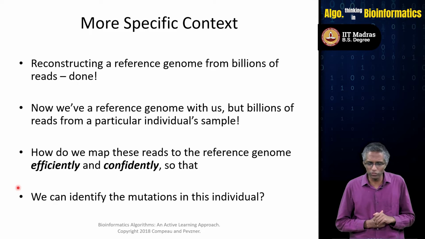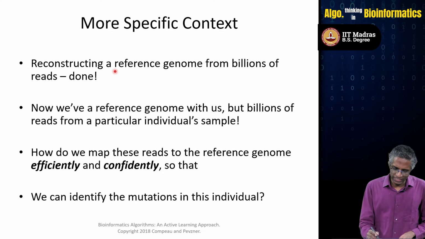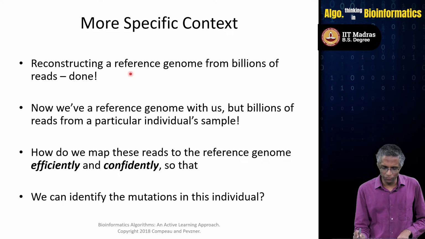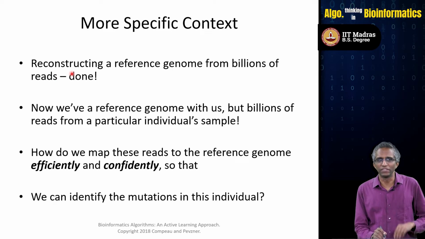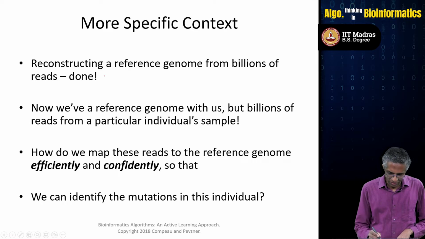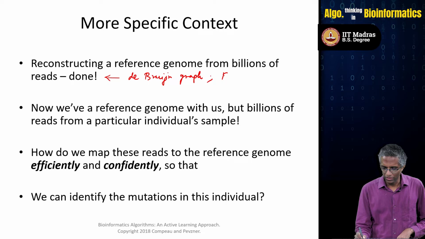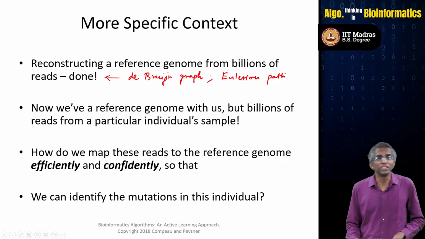To be a bit more specific, what we have done so far is reconstructing this reference genome from billions of reads. So that is done. This is what we did by considering this De Bruijn graph and finding an Eulerian path in this De Bruijn graph.